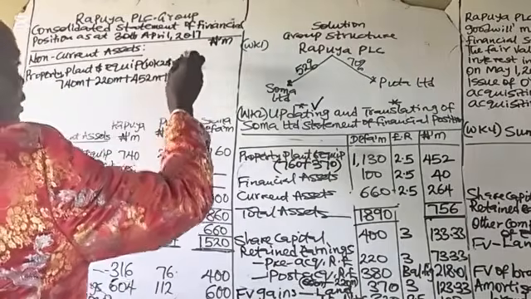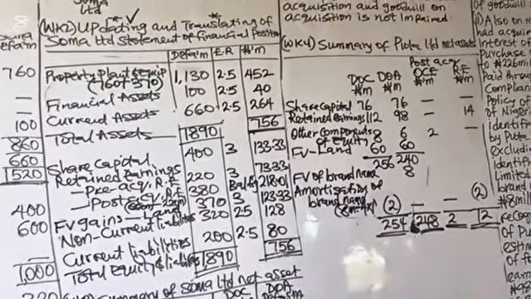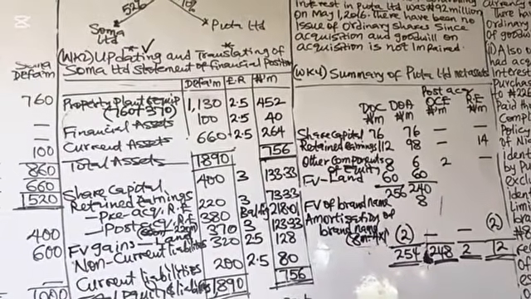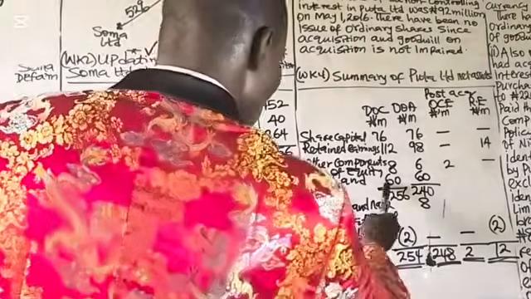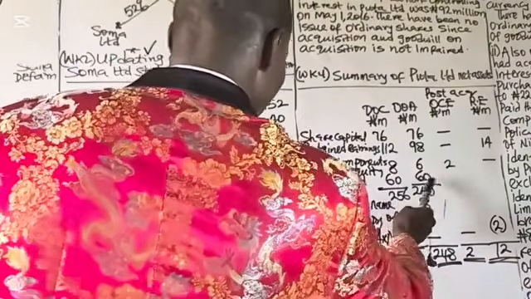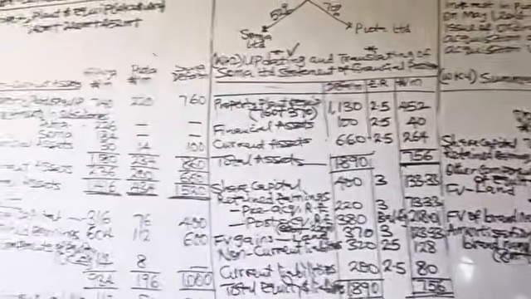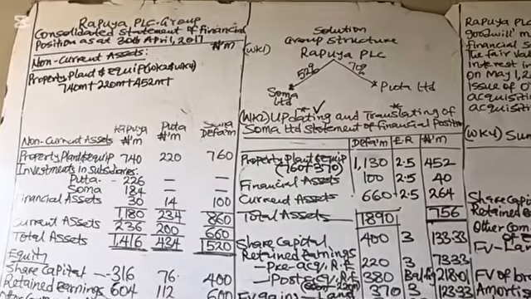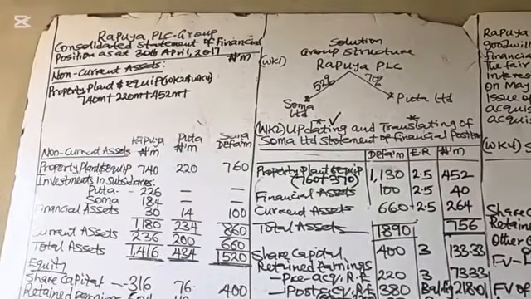We equally want to obtain another information from working number 4. From working number 4, you have this summary of Puta Limited net asset. We have fair value attributable to land of 60 million, and that will be added. That is the second leg of it to complete the double entry process. So we have plus 60 million.